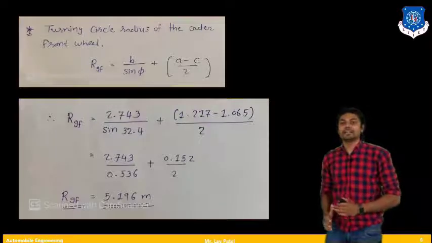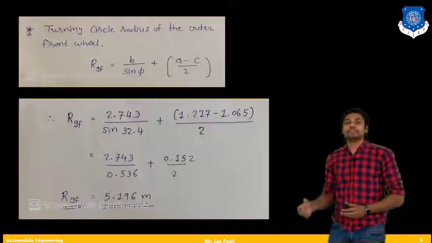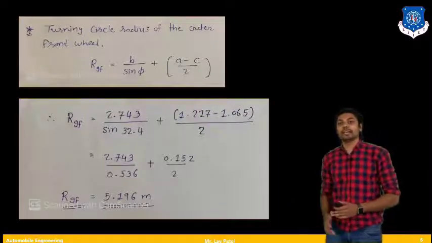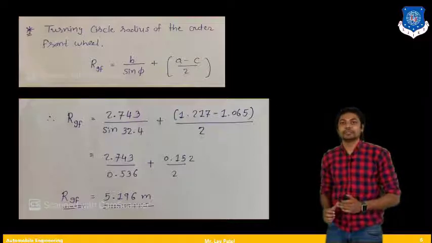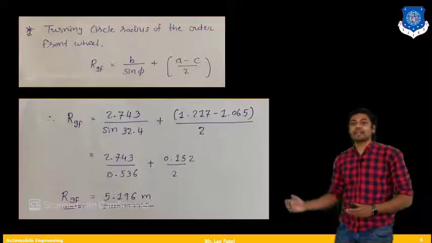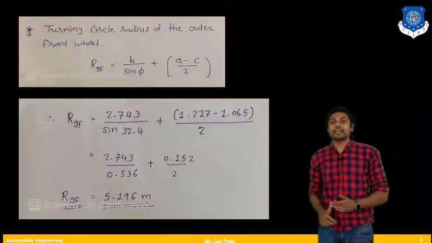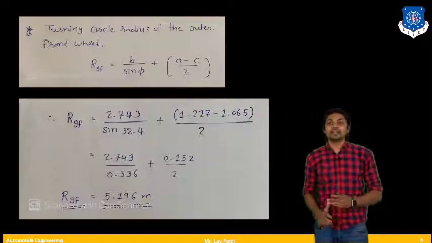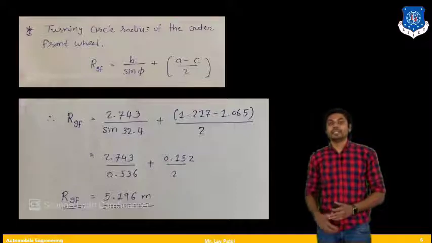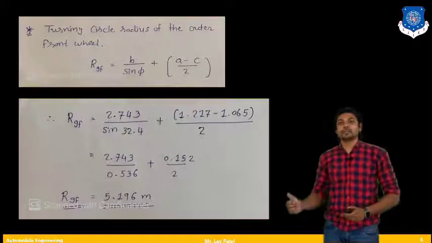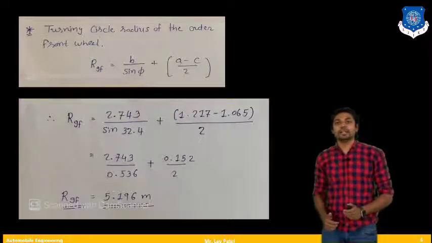From that equation we put in the values that are already given: b is 2.743, a is 1.217 and c is 1.065. After the calculation we get 5.196 meters. That is the turning radius for my outer front wheel, which is obviously higher.